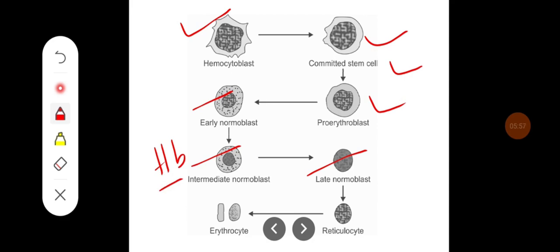And gradually the size of the cell reduces till it becomes a reticulocyte and erythrocyte.